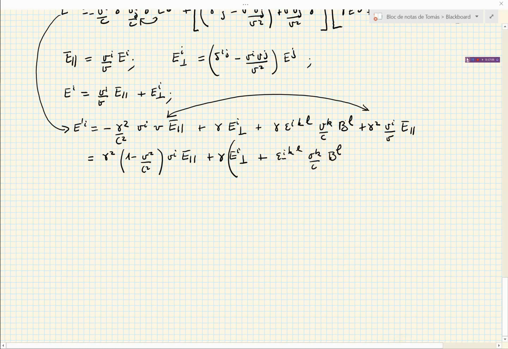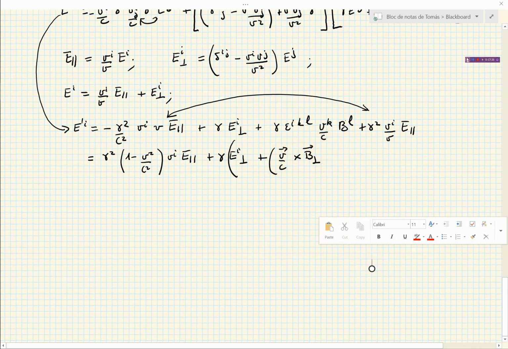Now if it is the vector product, the only part of b that survives or that contributes is the part of b which is perpendicular to v. So let's write this instead as v divided by c vector product b orthogonal, and then the component I. Okay.